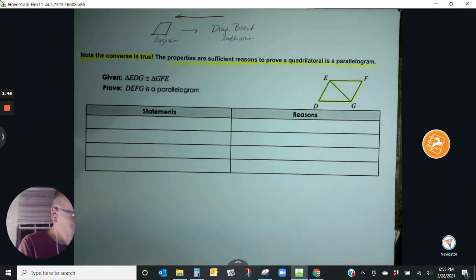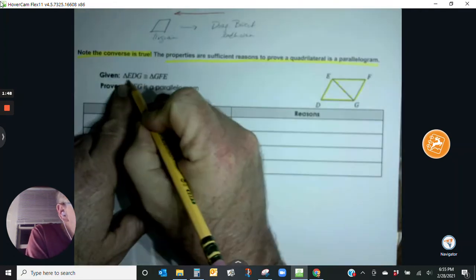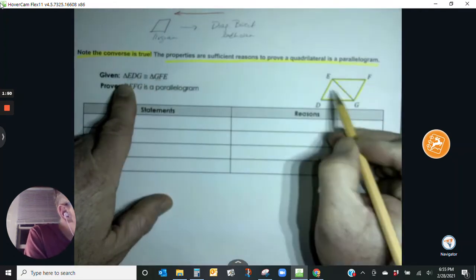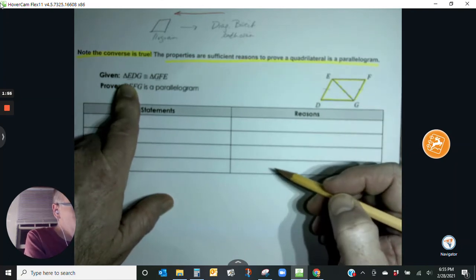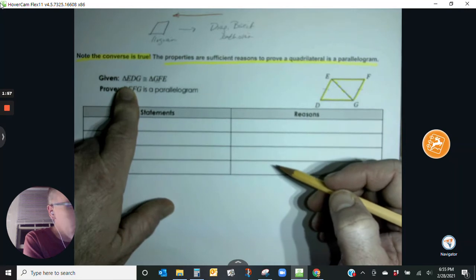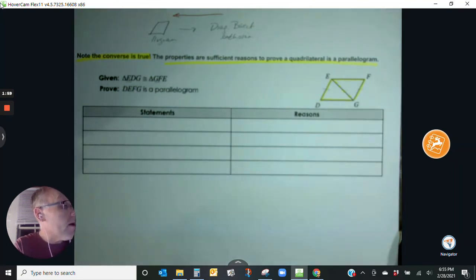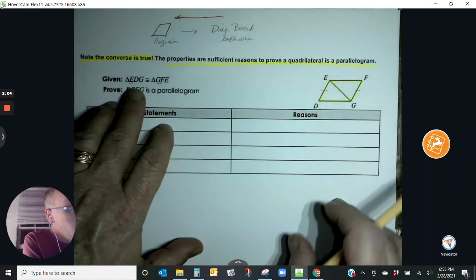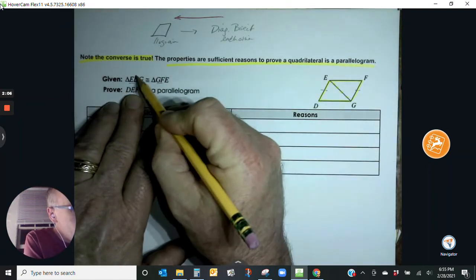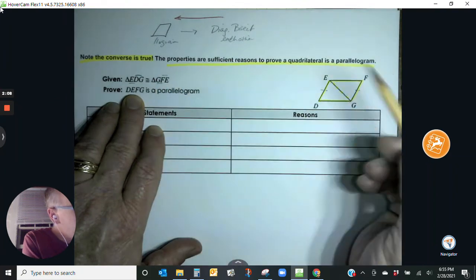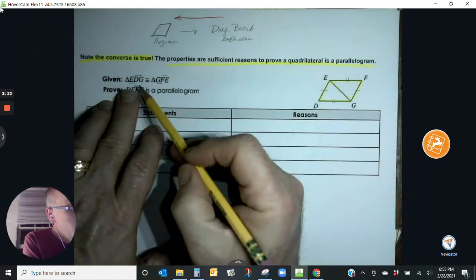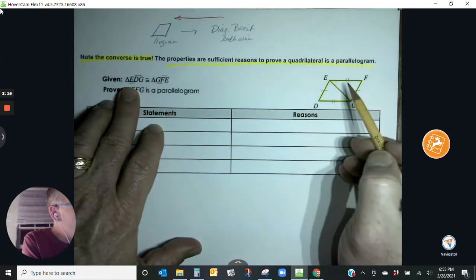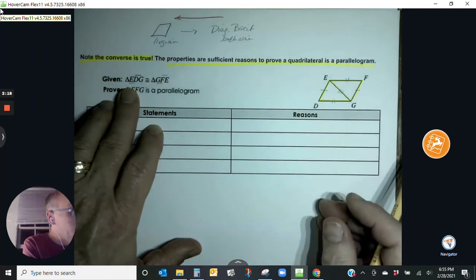We know that ED is congruent to GF. We'd have to say that in our proof if we want to use it. It comes from the triangles, CPCTC, corresponding parts of congruent triangles. We have DG and FE. And then, of course, we have EG and EG, which is this reflexive piece in the middle.